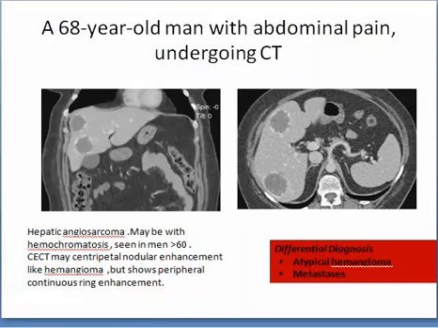A 68-year-old man with abdominal pain undergoing CT showing multiple cysts, and these cysts are usually related to hemochromatosis. The most important point is that although they show peripheral centripetal enhancement like that of hemangioma, there is always a continuous capsule enhancement, continuous ring enhancement.